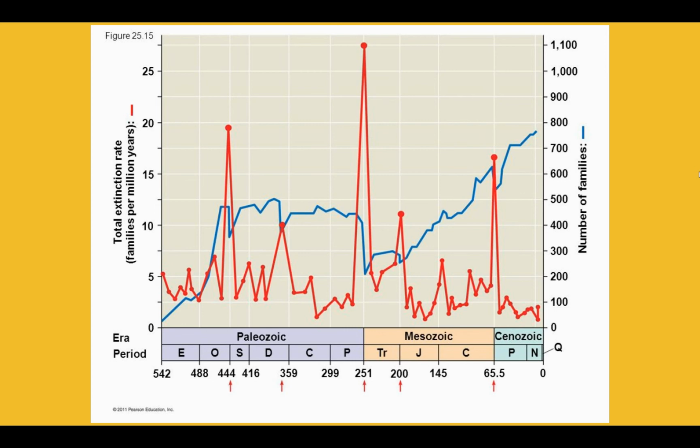There was another smaller dip at the 4th mass extinction. There was another dip right here with this mass extinction, and slowly back up again. So the number of families doesn't kind of correlate with.